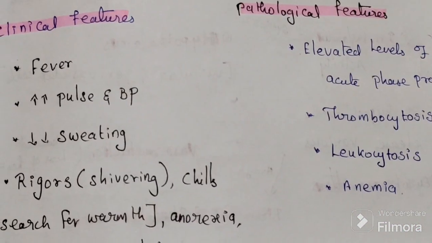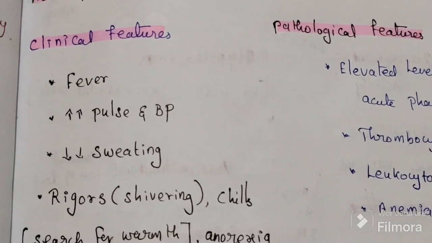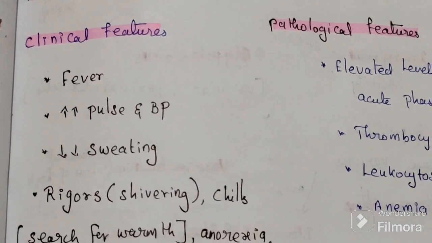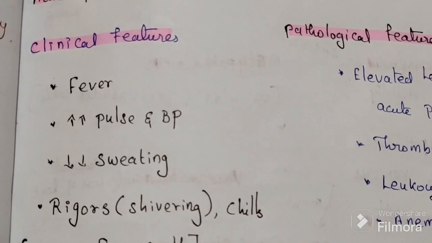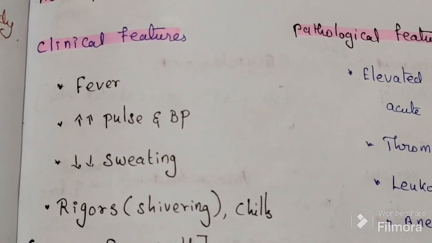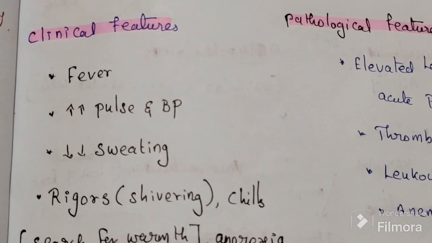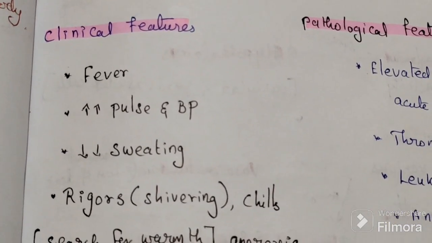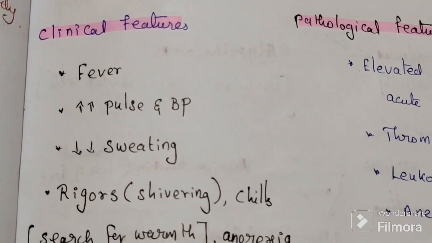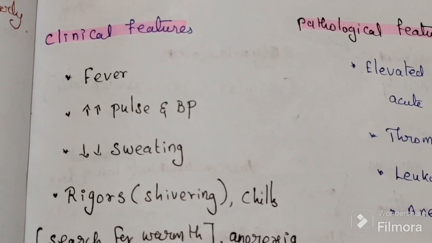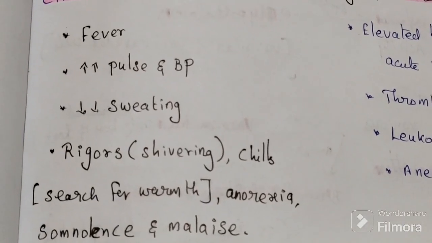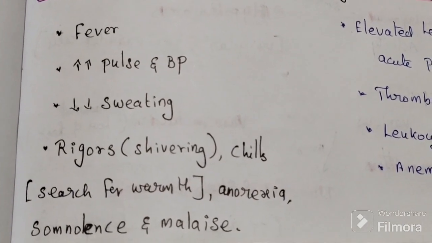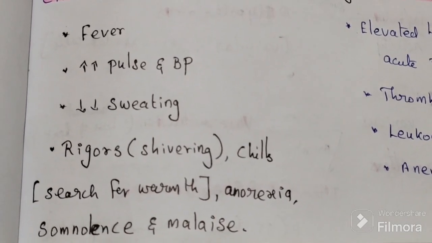The clinical features include fever, increased pulse and blood pressure, decreased sweating, shivering, that is rigors, or search for warmth, that is chills, then anorexia, somnolence and malaise.